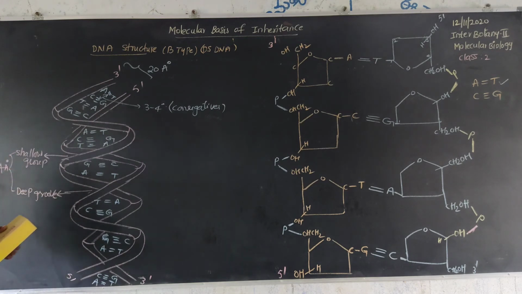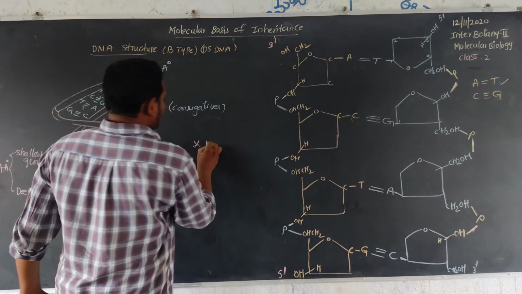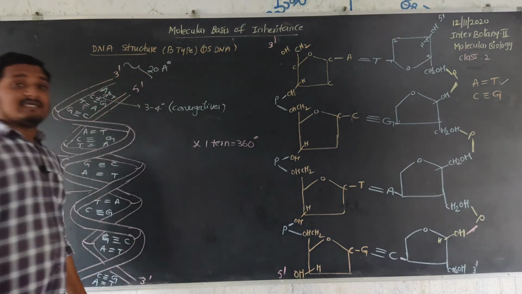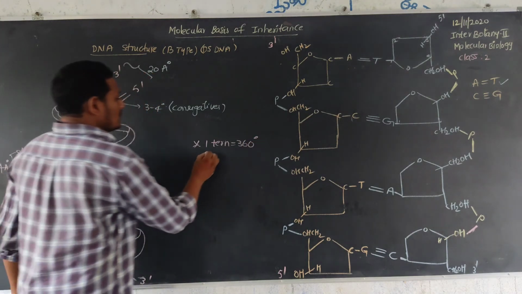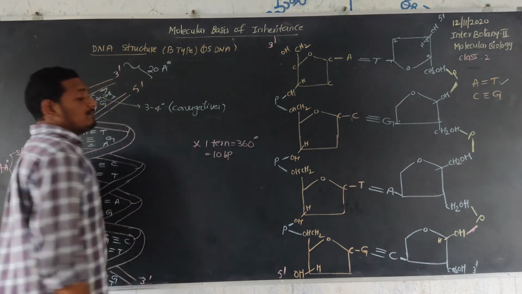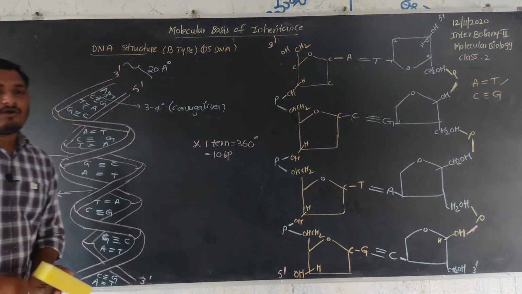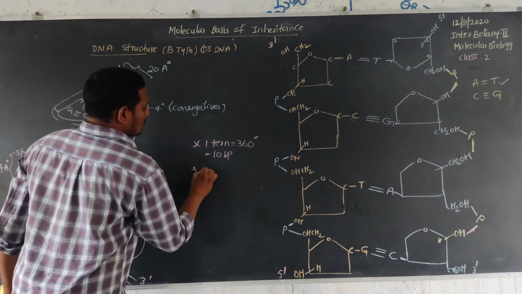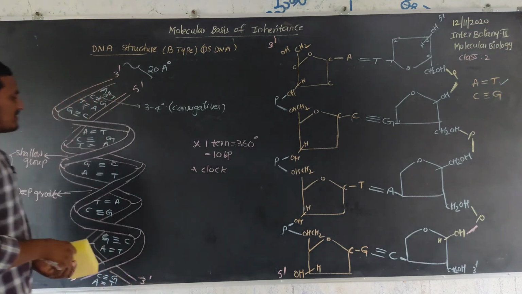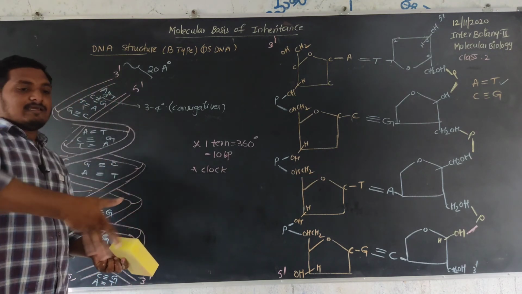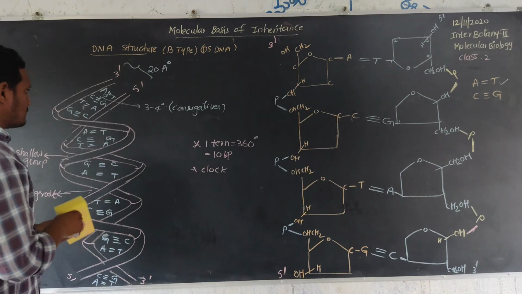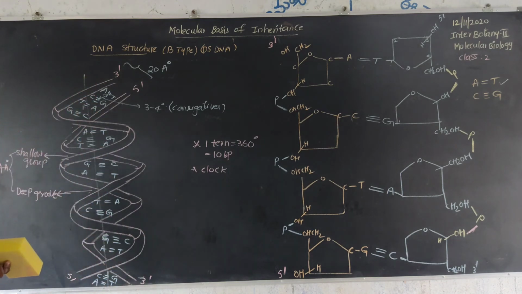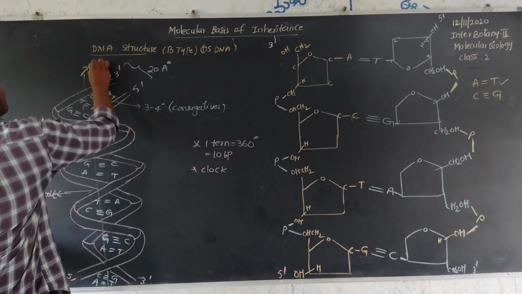34 angstroms, and one turn is equal to 360 degrees. In 360 degrees, 10 base pairs are present. 10 base pairs are present in one turn. The helix rotates clockwise. This is the axis, present in the middle.